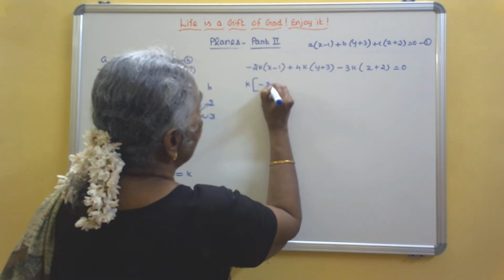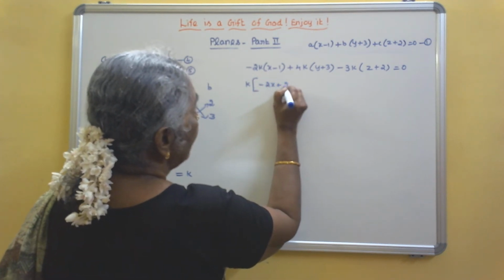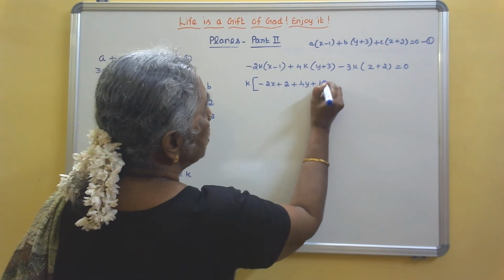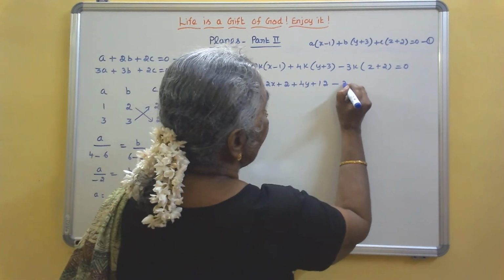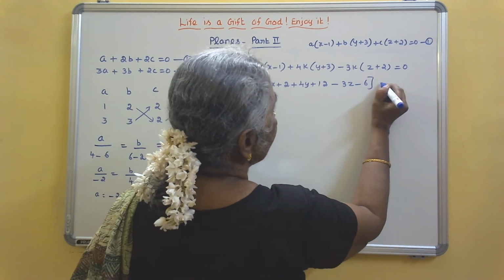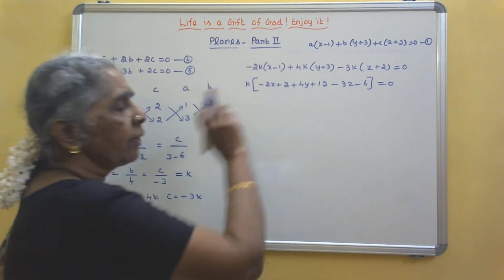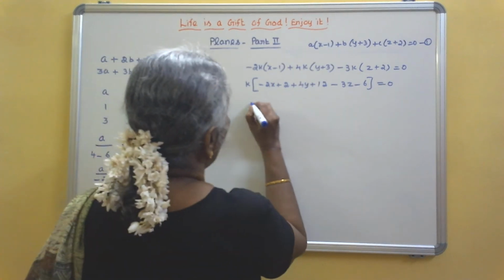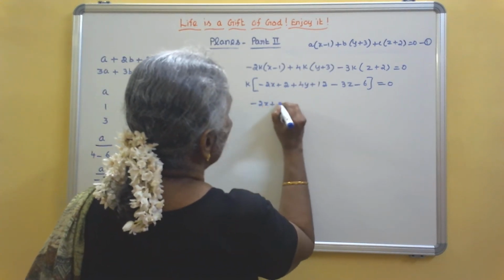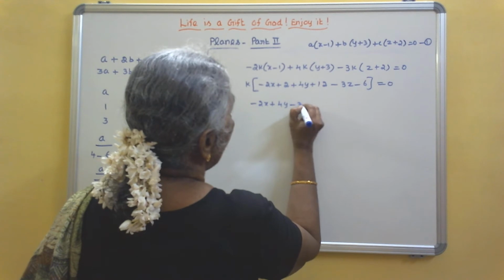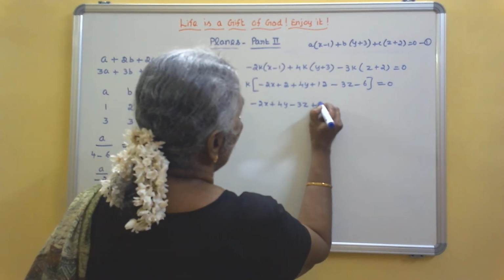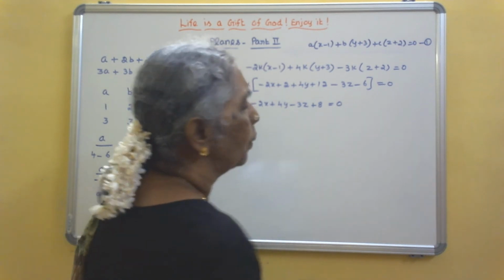So I will get minus 2x plus 2, okay, plus 4y plus 12 minus 3z minus 6 is equal to 0. So definitely k will go, right? So the next I will write minus 2x plus 4y minus 3z. This is 14 minus 6. So plus 8 is equal to 0.